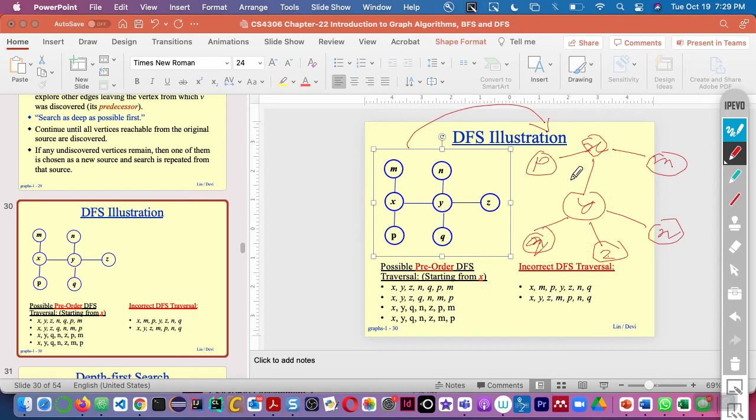But here it is not like that. We go in depth, starting from X, then Y. So this is X, Y, and then there will be three variations over here: Q G N, or G Q N, or G N Q. So there are three.